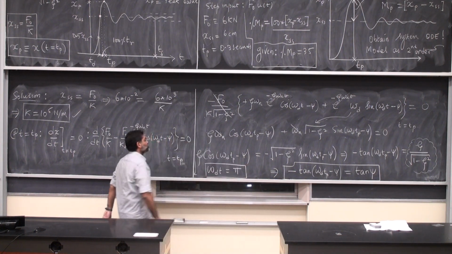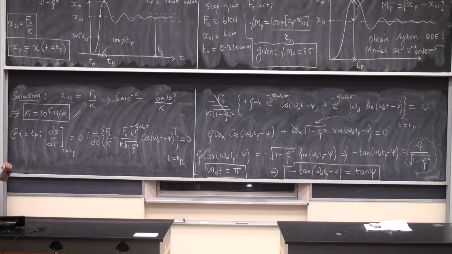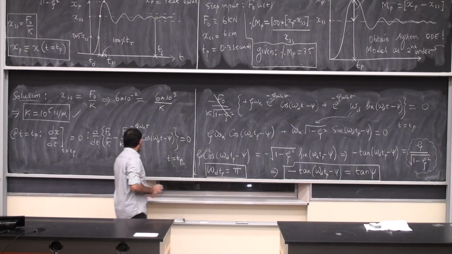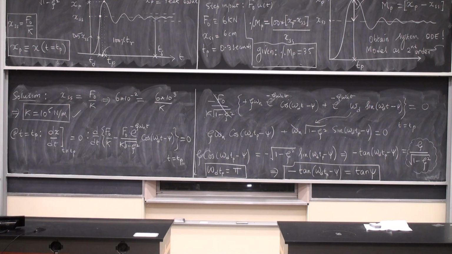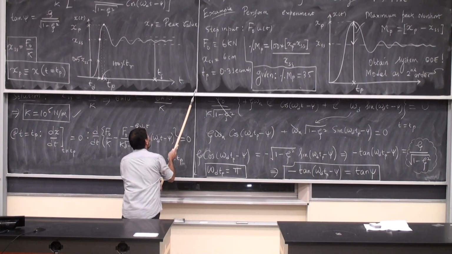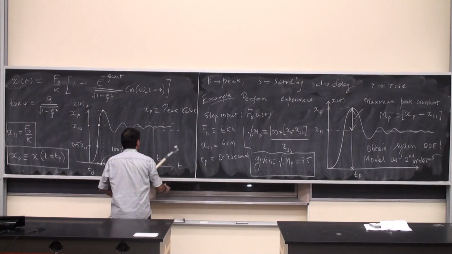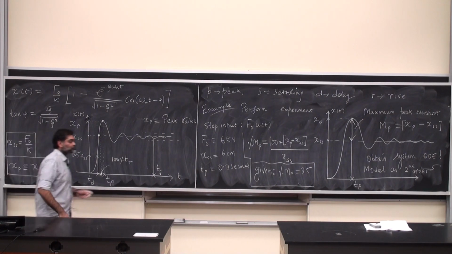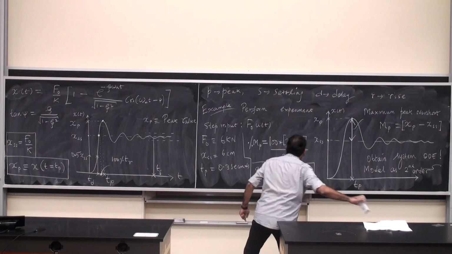And I'm going to now write my answer. So I have a relationship between omega_d t at the peak value, and I bring the top panel down and write this result again. So story so far.